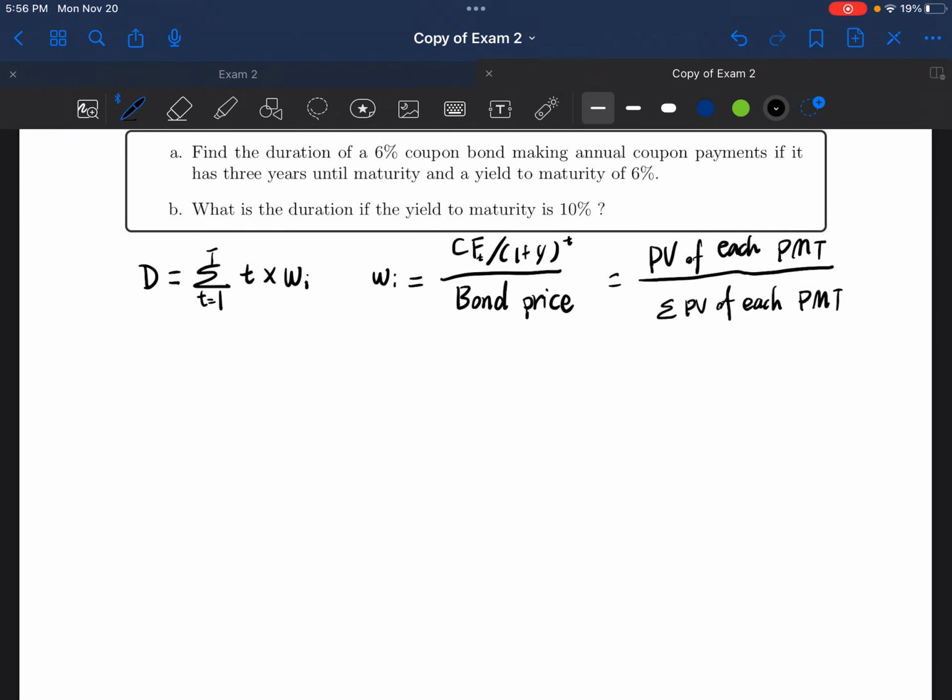Okay. In this question, it gives us the following information: the coupon rate equals 6%, annual coupon payment, so it pays annually. So each payment would be 6% times $1,000.